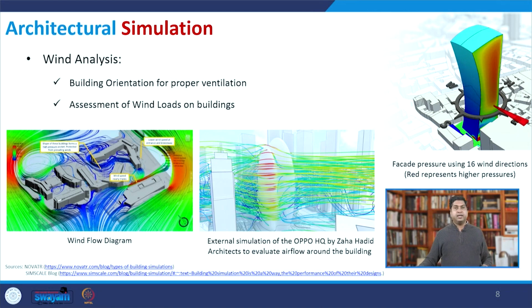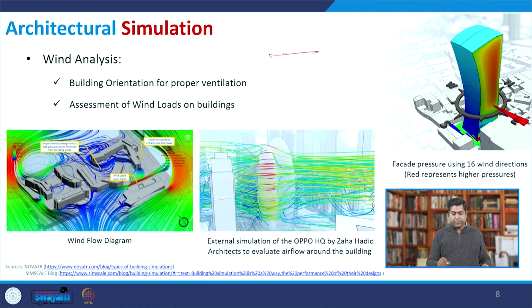In these cases, through the software we test different wind directions, the prevailing wind direction, or maybe a storm, or where it is expected that there will be some wind blowing at a certain kilometer per hour. So what will be the reaction of the building? It will also depend on the shape and size of the building. As I already mentioned, for high-rise buildings it is very important.